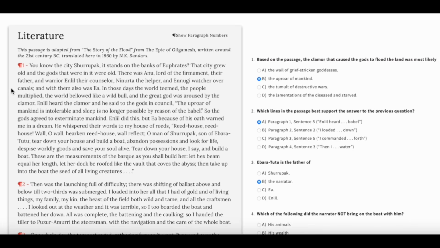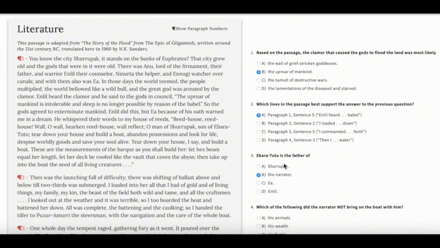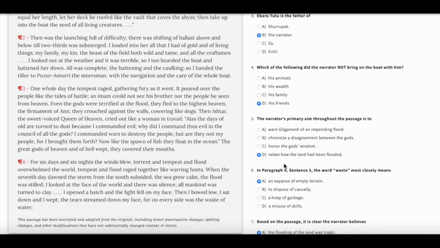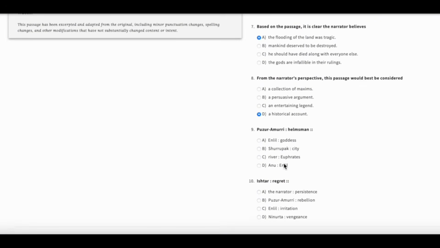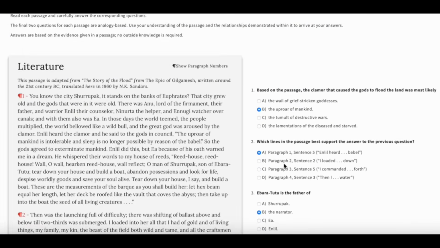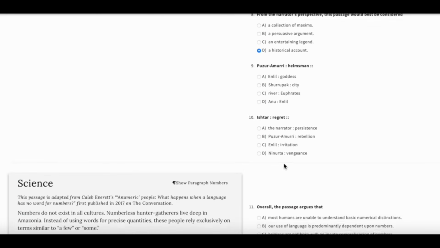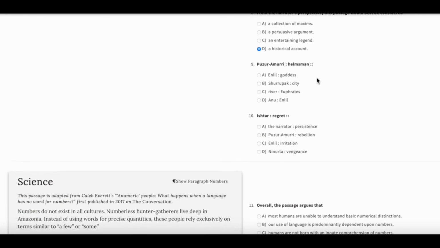Yeah, I see it. And Warrior Enlil, their counselor. So what about answer choice A? I don't think so. It says he's a warrior, right? It could be like the warrior or something like that, but not a goddess. Does that make sense? My answer choice A is gone.